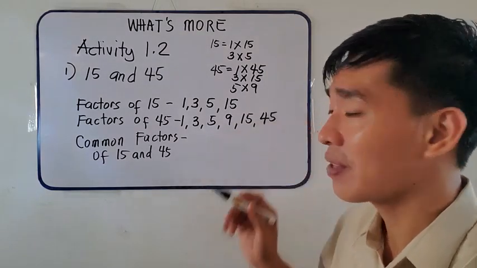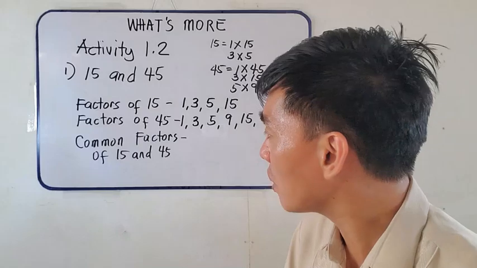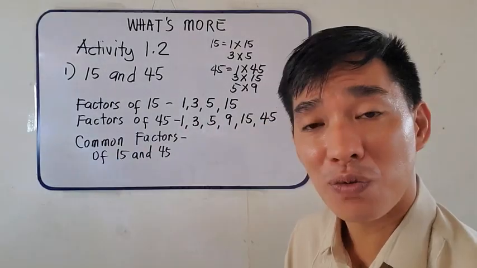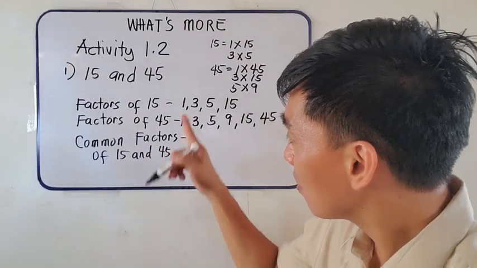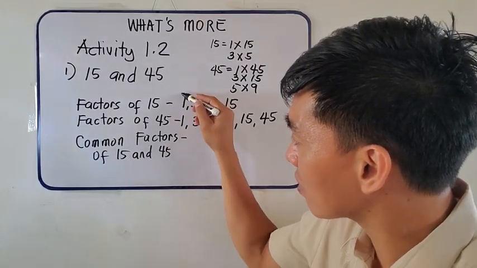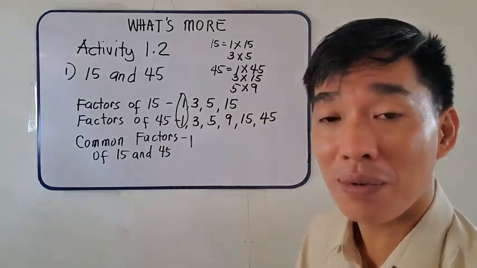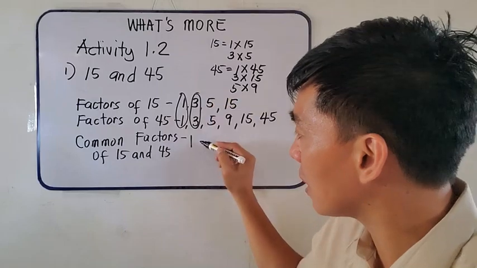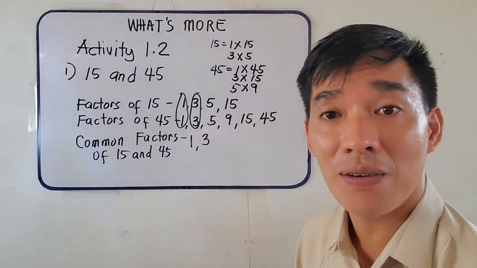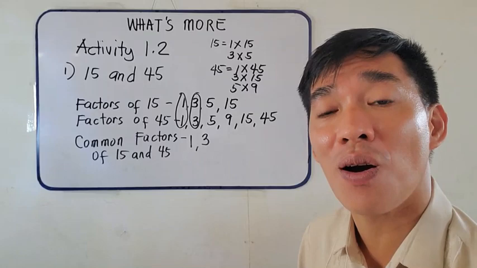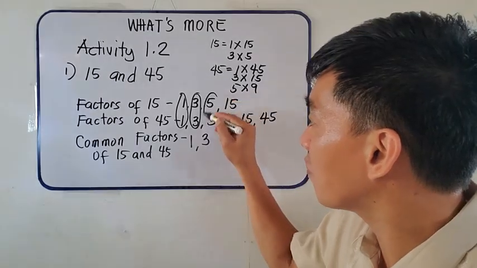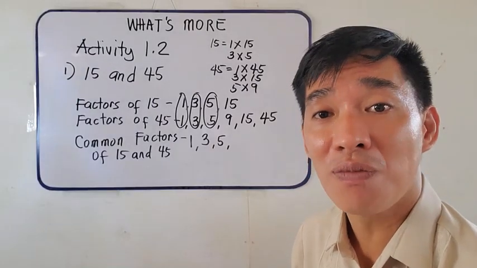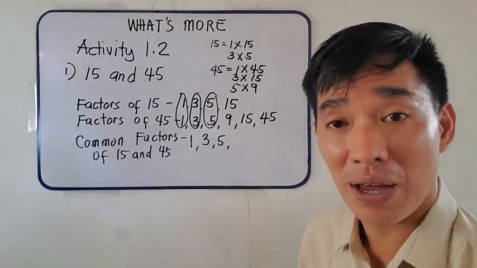45. After that, we could easily tell which are the common factors of 15 and 45. 1 is there, also 1 is here, so encircle 1. That's their common factor. 3 is here and also with 45, so 3 is another common factor of 15 and 45. 5 and 5, so 5 is a factor of both 15 and 45.